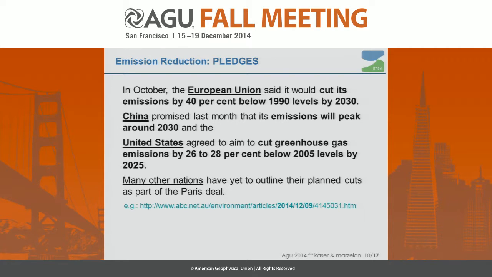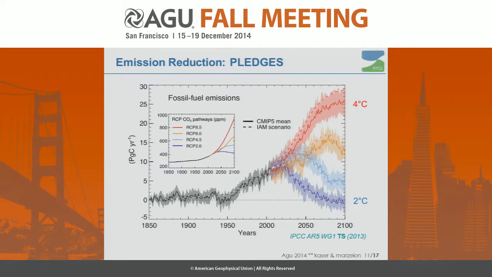And then many other nations have still to get in, but the three big polluters, so to say, but also the richest among us, they came in with that. And so that created really kind of an atmosphere of big hope.